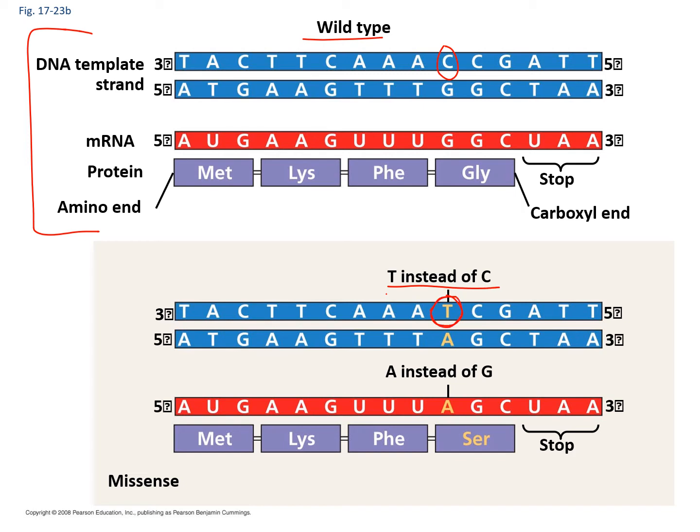And as this template DNA is transcribed, it will produce a change in the mRNA where this is now an adenine, and when this is translated, there will actually be a change in the amino acids. So instead of glycine, it is now changed to serine. And this type of mutation is considered a missense. Missense is when you have a change in one amino acid.